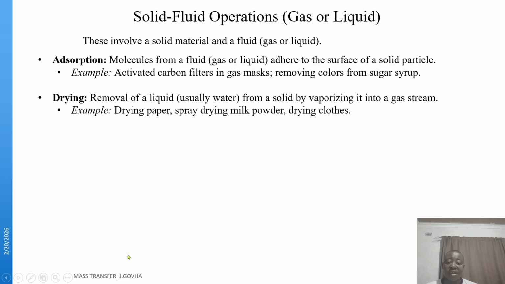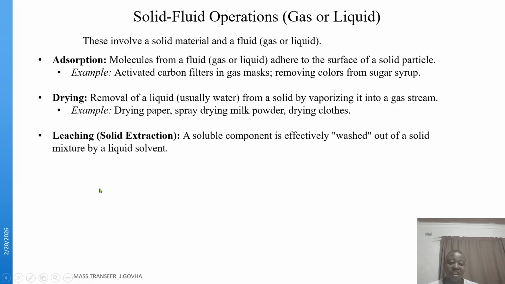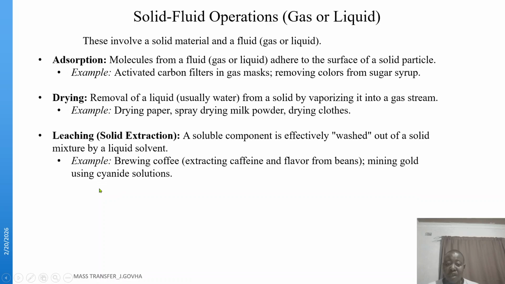Drying is another operation where we are removing liquid from a solid by vaporizing it into a gas stream. So drying paper, spray drying milk powder, and the common one where we are drying our clothes on the washing line. Then leaching, where a soluble component is effectively removed from a solid matrix by a liquid solvent.